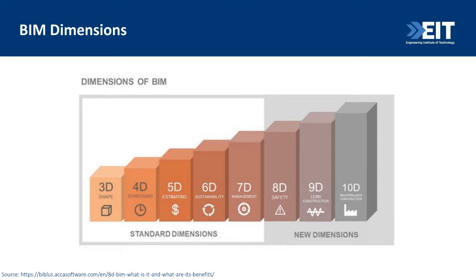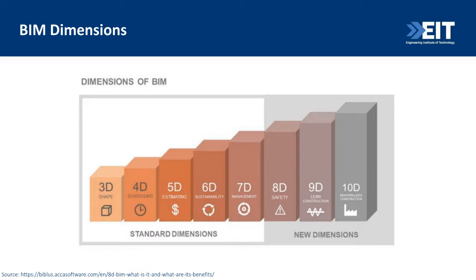Specific parameters can be added to the existing information contained in a BIM model based on the project stage or the project requirements. And so these predefined additions can be described as BIM dimensions. So this idea enriches the data associated with a model, allowing for a deeper understanding of a construction project.